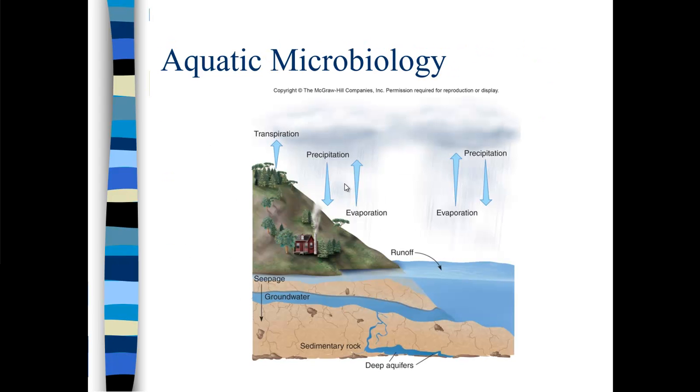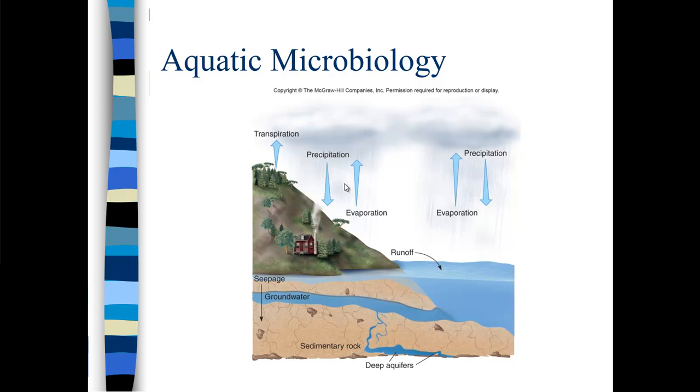Okay, so we're going to finish up this chapter and we're going to talk a little bit about aquatic microbiology. So this is very important when you're testing aquifers. This also gets into food safety and microbiology when you're looking at water that is being used for food processing. And so it's important to look at all of the different dynamics in terms of water, both in the air, in surface water, and also in groundwater.